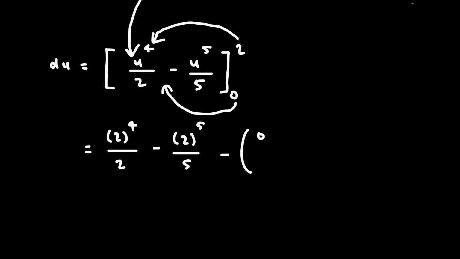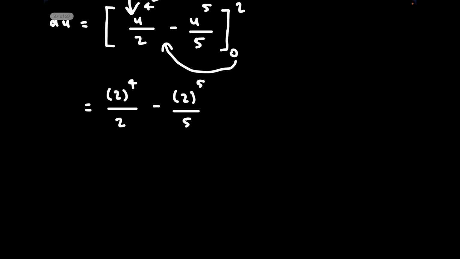So 0 to the power of 4 divided by 2 minus 0 to the power of 5 divided by 5. And those of you who are astute will recognize that 0 to the power of 4 is simply 0, so this whole thing cancels out. And 0 to the power of 5 is 0, so this whole thing cancels out. That means the second half of this equation is kind of irrelevant.